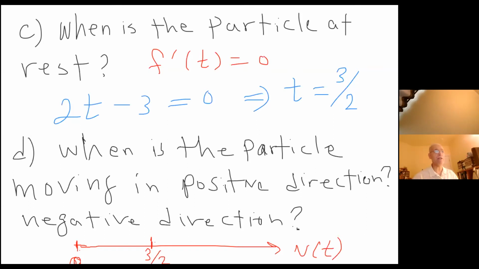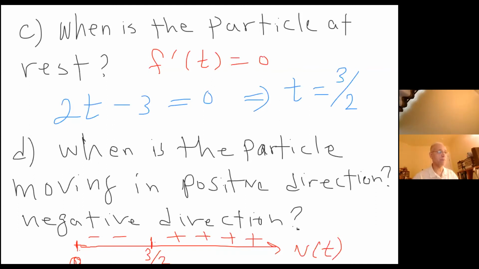Notice any value I plug into 2t minus 3 before 3/2, I get negatives here. So the particle is going in the negative direction, and then it's 0 at 3/2, and it's going in the positive direction for any values after 3/2.